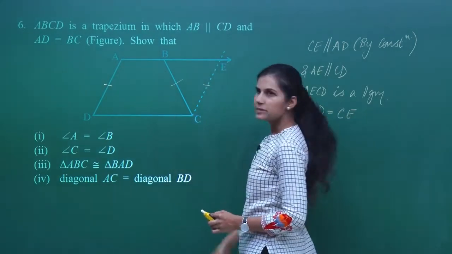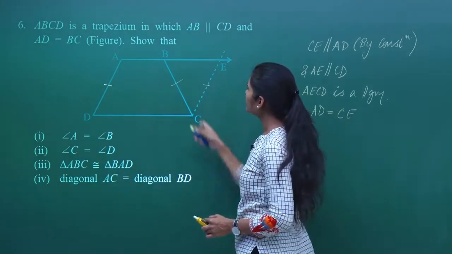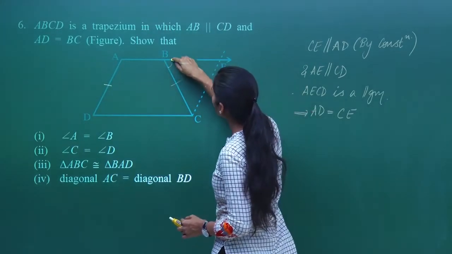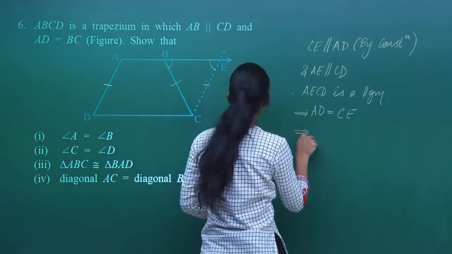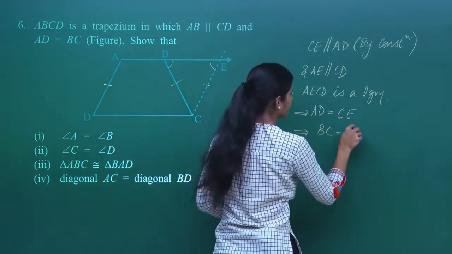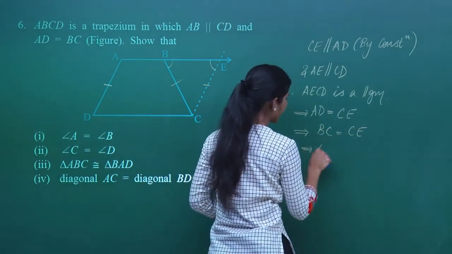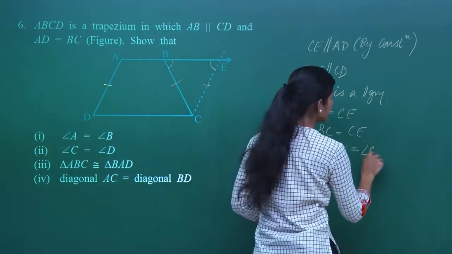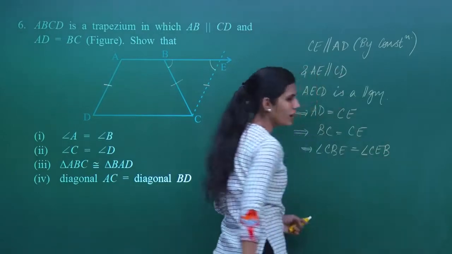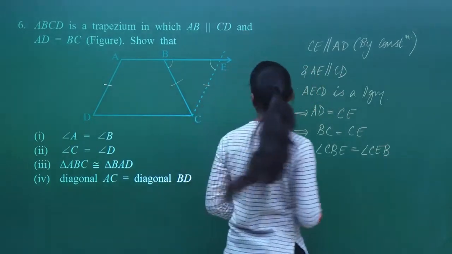But AD was same as BC, so you have got CE is same as BC. Angles opposite to equal sides are equal, so you get angle CBE is same as angle CEB. Why? Because angles opposite to equal sides are equal.